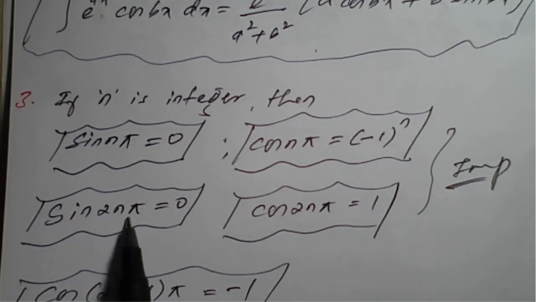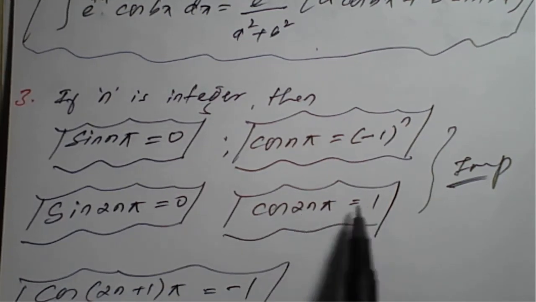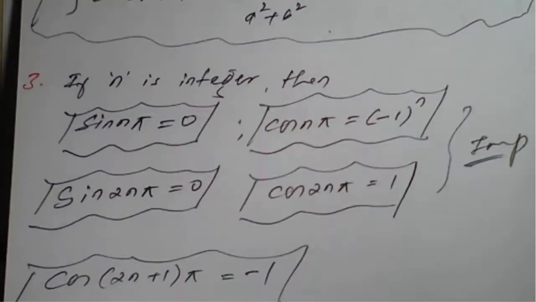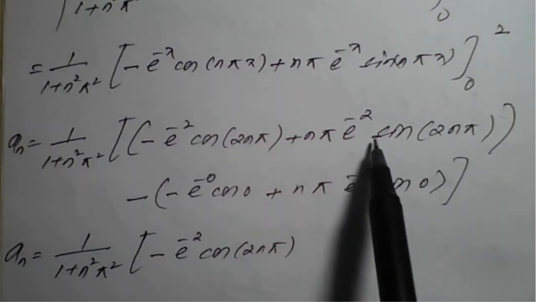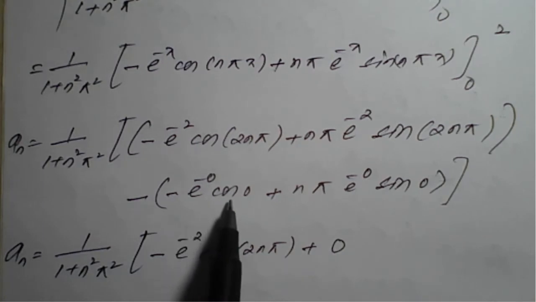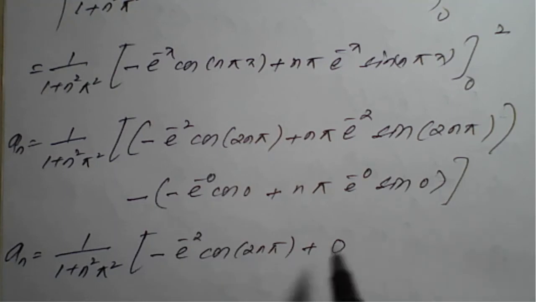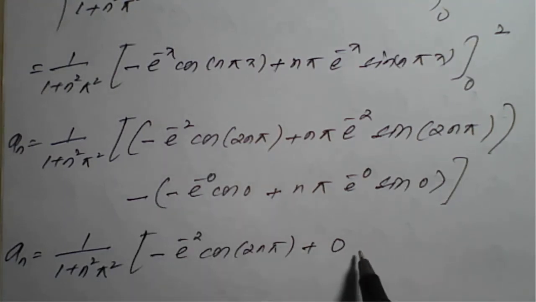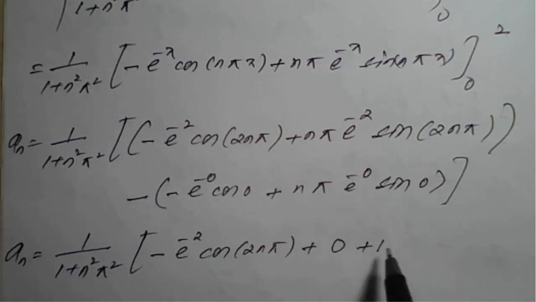Sine of 2n pi is 0, but cos of 2n pi is 1. We'll apply both these results here. So this result will become 0, and cos of 0 is 1, e raised to 0 is 1, so we'll get minus into minus, plus 1. Sine 0 is 0, so this will also vanish.